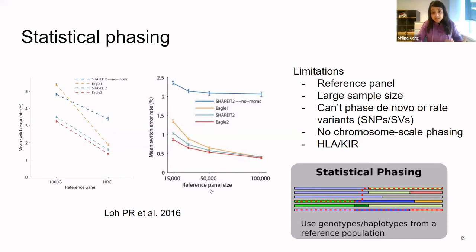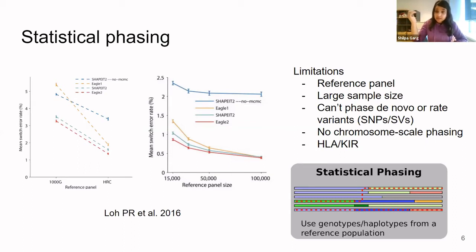And when you increase the sample sizes to more than 100,000, on the right, you see that the phasing error rate dramatically reduces to less than 0.5%. This indicates that you require large sample sizes to get an accurate phasing, which is one of the limitations of statistical phasing.